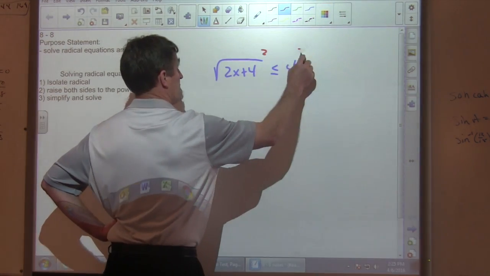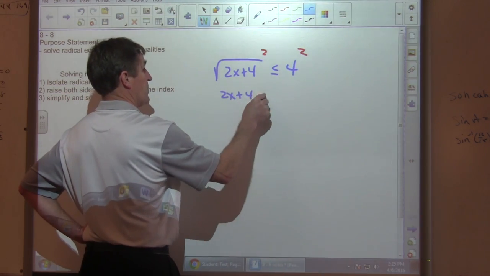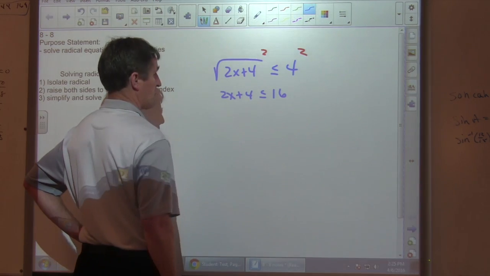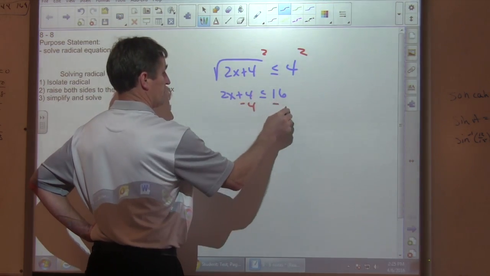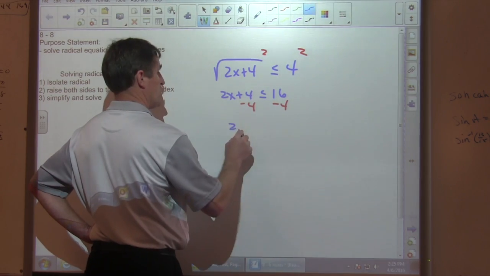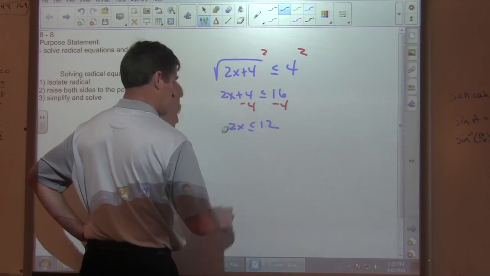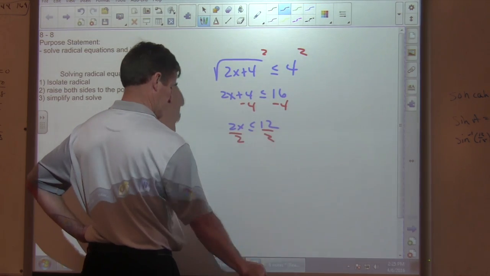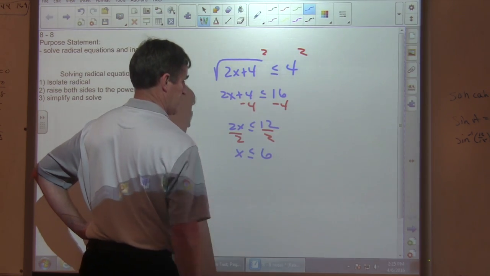So we're going to square both sides and get 2x plus 4 is less than or equal to 16. Subtract 4. 2x is less than or equal to 12. Divide by 2. x is less than or equal to 6.